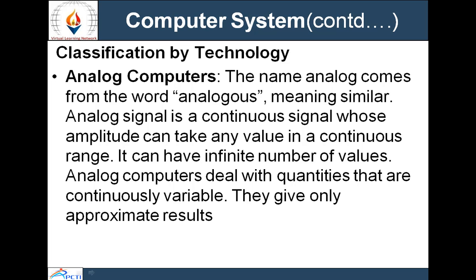They give only approximate results. This type of computer provides an analog or simulation of the object or system it represents. It is especially useful for solving problems that involve relationships between variable quantities in systems that change with time.